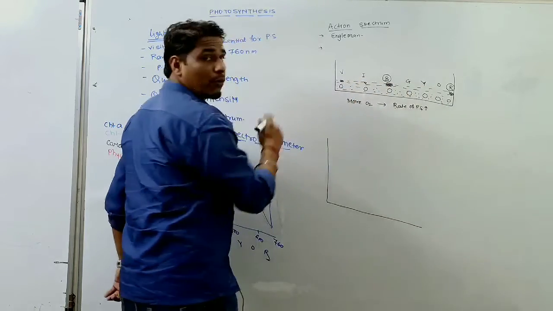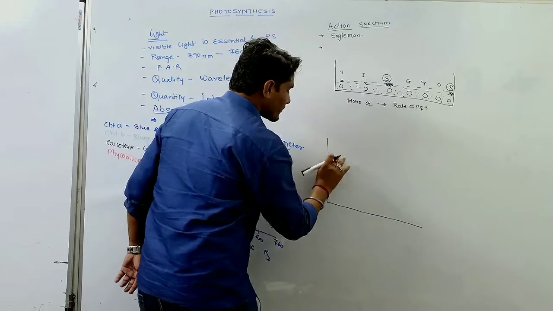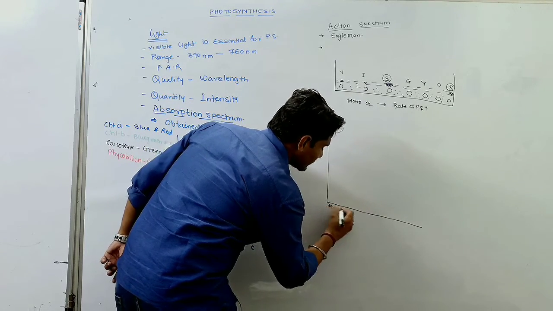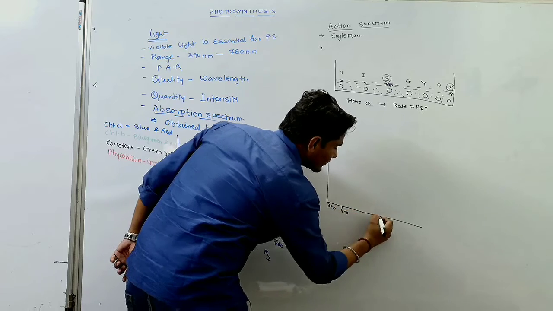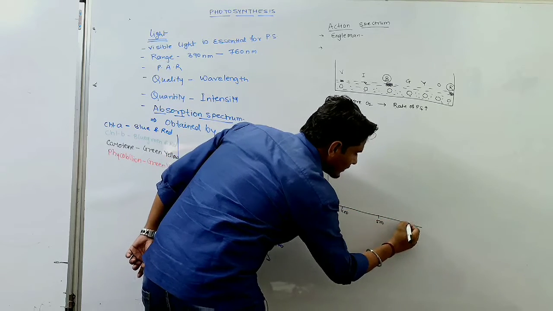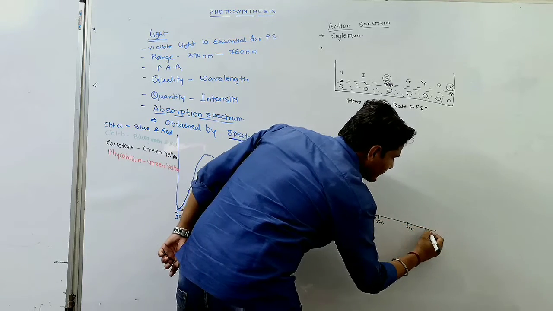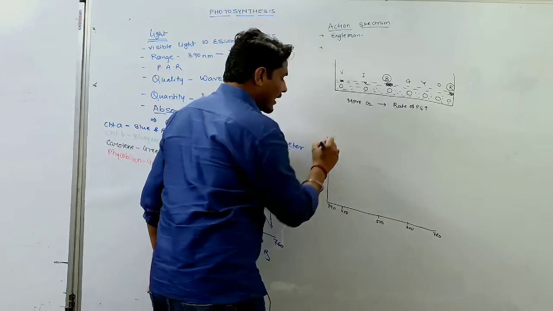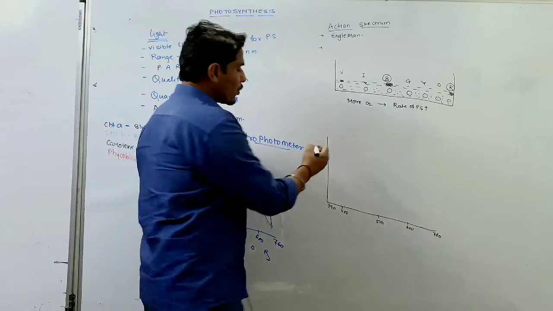So he plotted a graph of wavelength 390, 400, then 500, 600 and 760, against absorption.